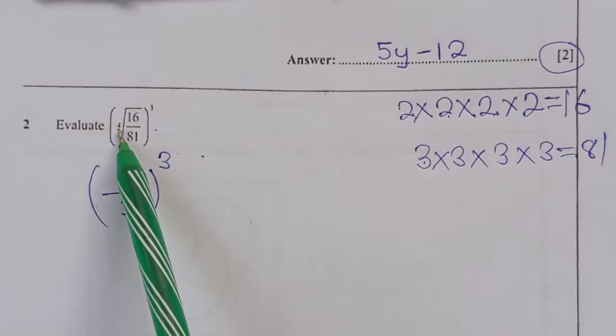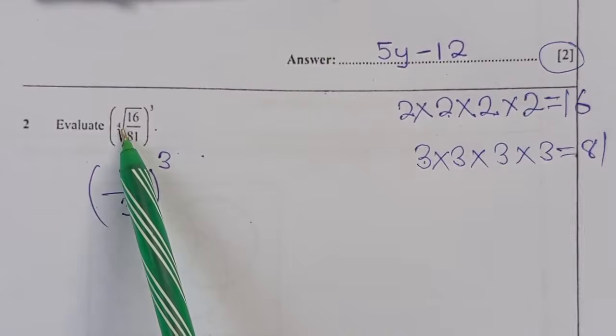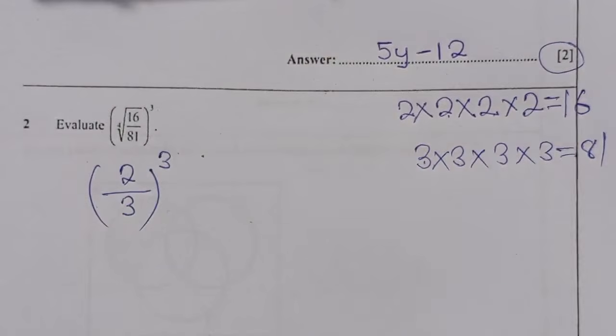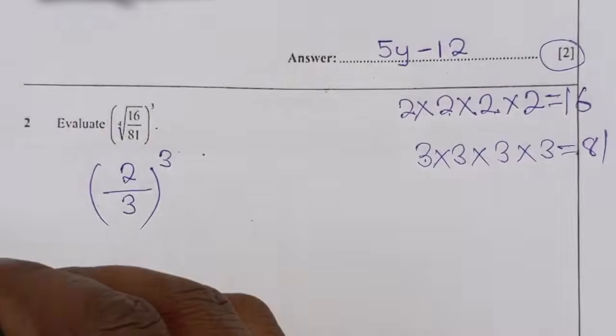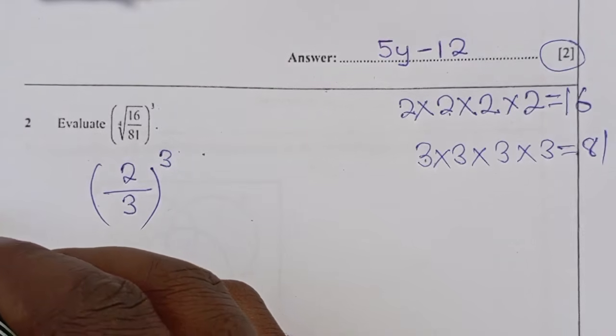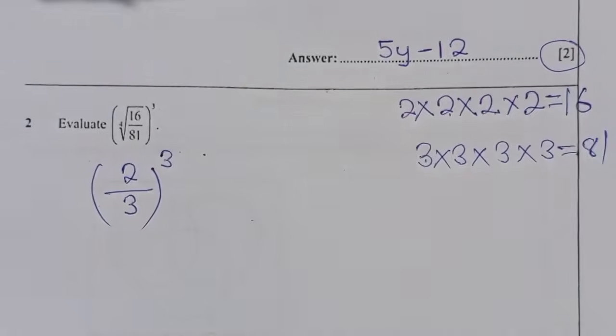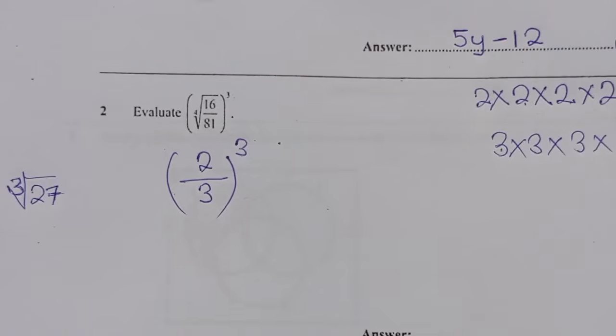So the moment you see a 4 outside on this root, they're asking you which number can you multiply. For example, I give you something like this: I put 3 there, then I put 27 there, and I tell you to say what is the answer. What you need to get is which number can you multiply 3 times by itself to get 27.